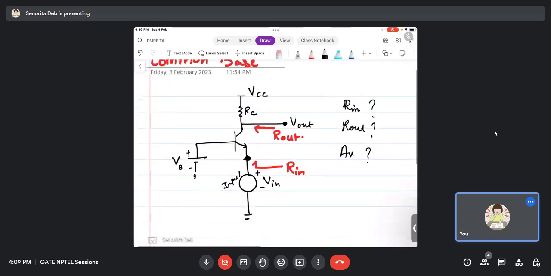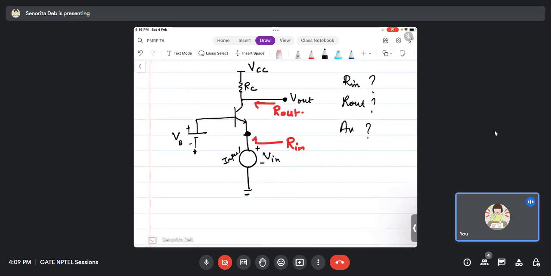Before that, you must know that if there is a change in Vin, delta V, it will result in a corresponding change of current, right? So the current will change by Gm times delta V. This is the current that flows, right? So if that is the current that flows, then what is the drop here?